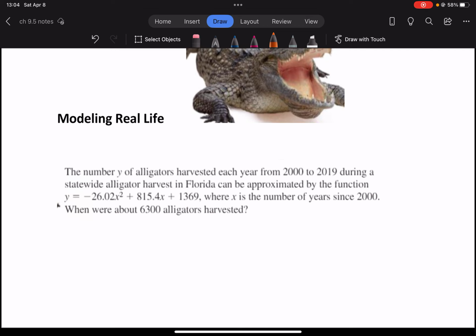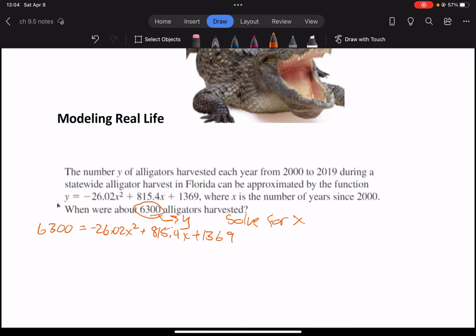So now, what this tells me is that this is going to be my y value, and we want to solve for x. So I know that 6,300 equals negative 26.02x squared plus 815.4x plus 1369. So what I'll do here is subtract 6,300 from both sides.